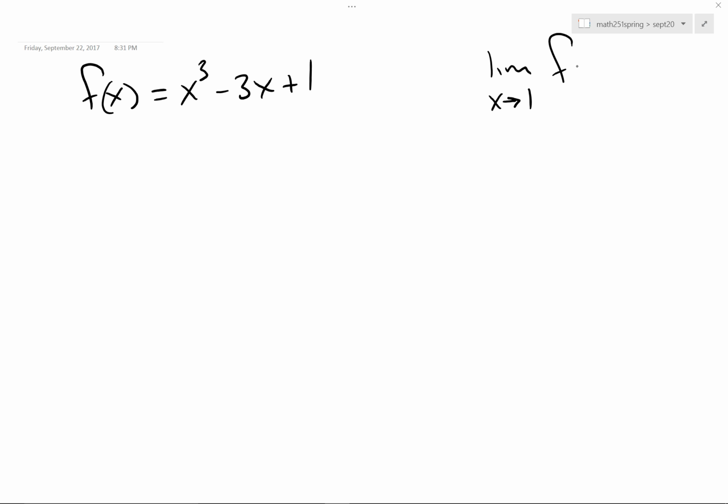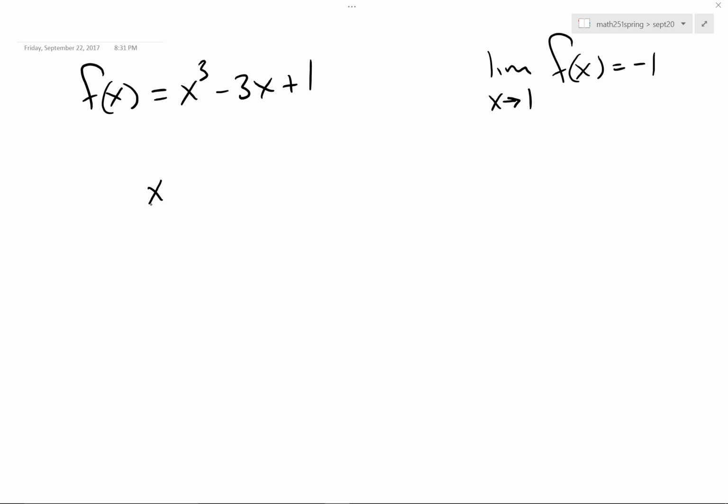Now I'm going to do another one that works, and then we'll do one that's gross here in a minute. Okay? So x cubed minus 3x plus 1. Let's take a look at the limit as x approaches 1. And I think that it's going to be negative 1. Oops. I am proposing to you that it is in fact negative 1. And you say, okay, let's do it.